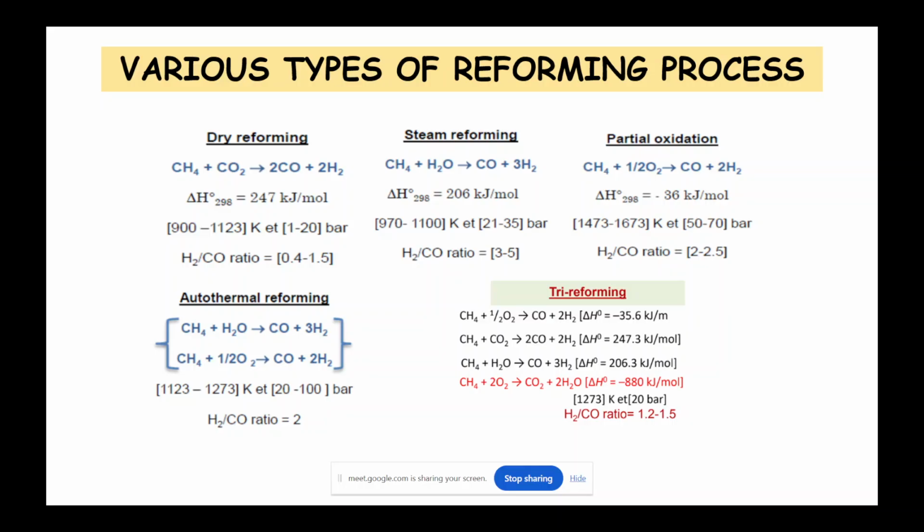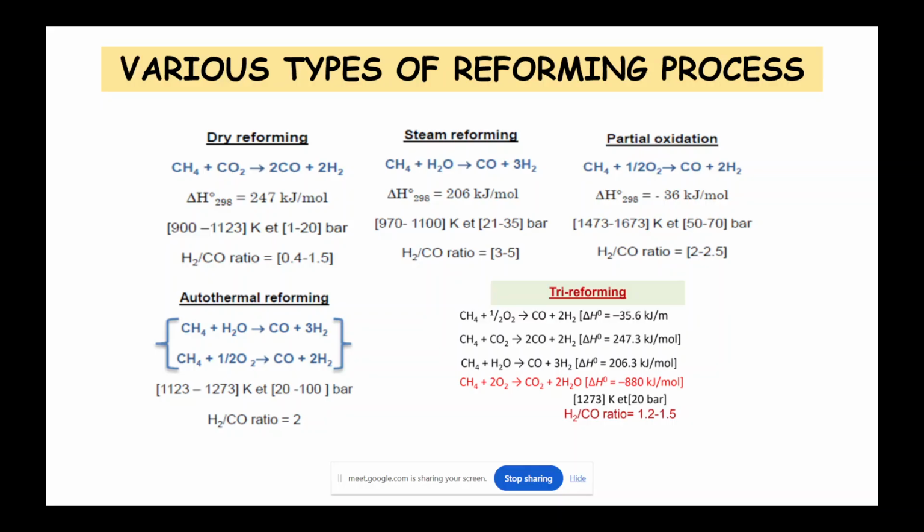And similarly, you can also look at the pressure ranges. And you can also see that the H2 to CO ratio typically varies between 3 to 5 in case of steam reforming. That is, more amount of H2 is actually going to be generated in case of steam reforming compared to that of partial oxidation, compared to that of the autothermal reforming process.